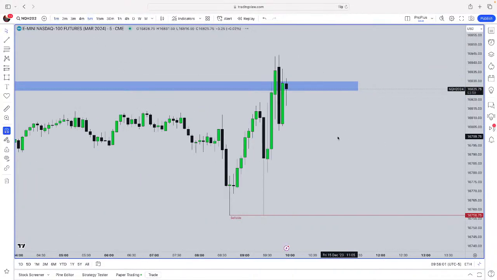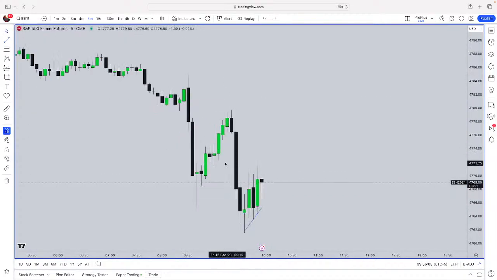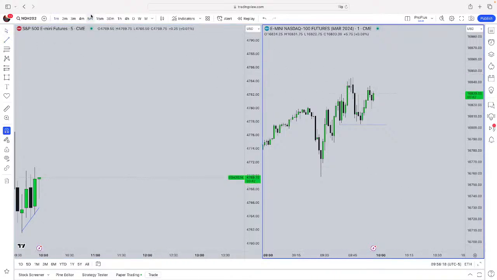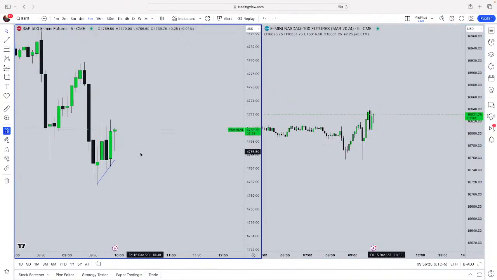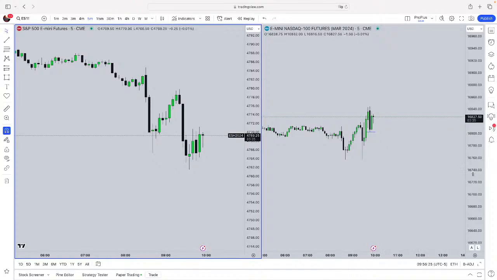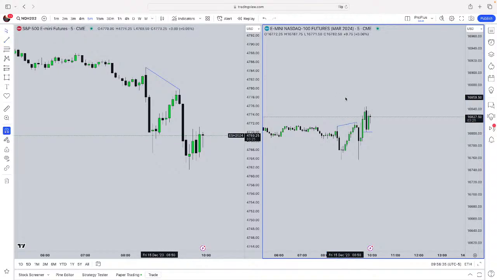S&T. Also like this, and then ES. I'll get them both off actually. Like that.